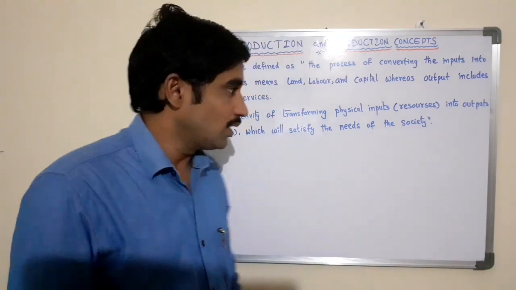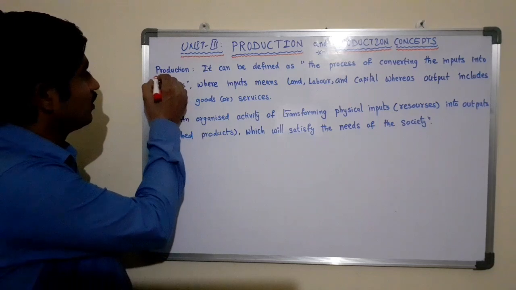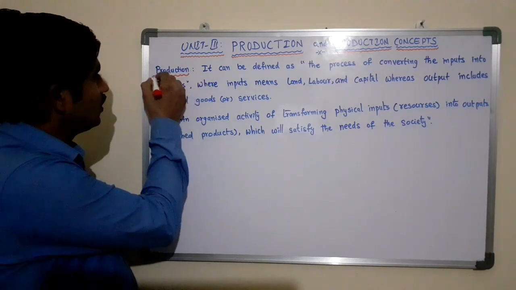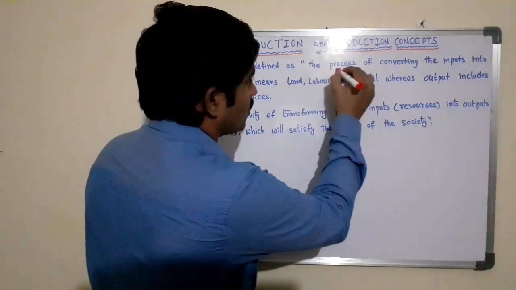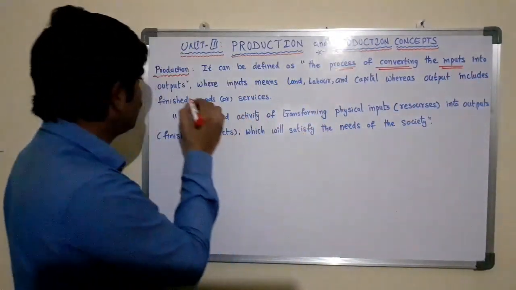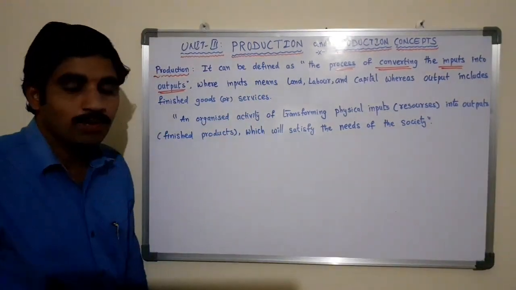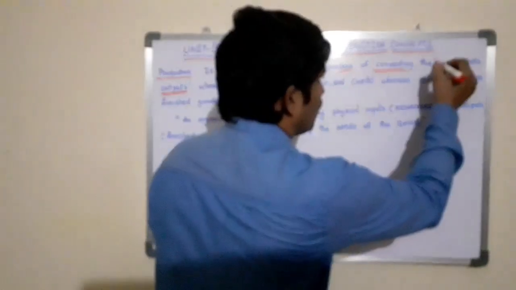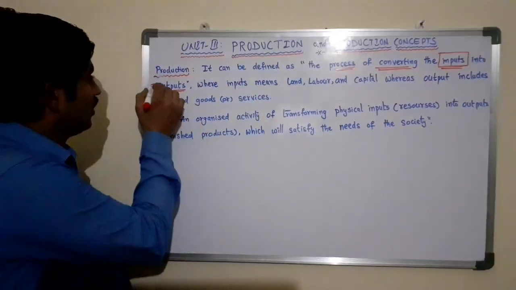Now let us see a small definition of production. Production can be defined as the process of converting inputs into outputs. If you want to produce any product or service, you must have one factor, that is input.